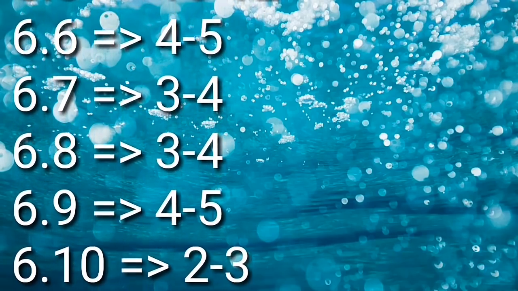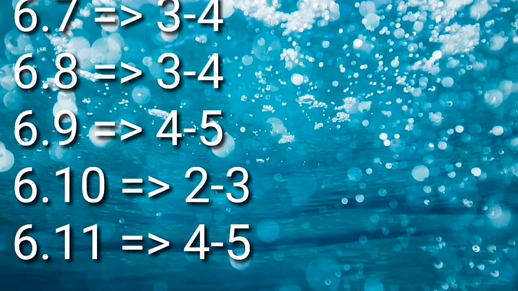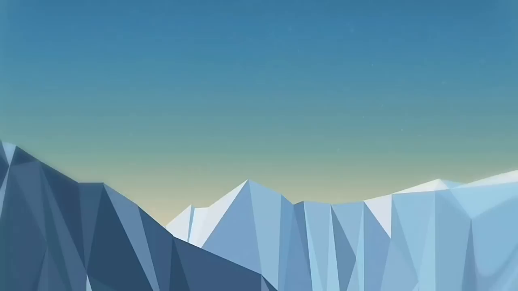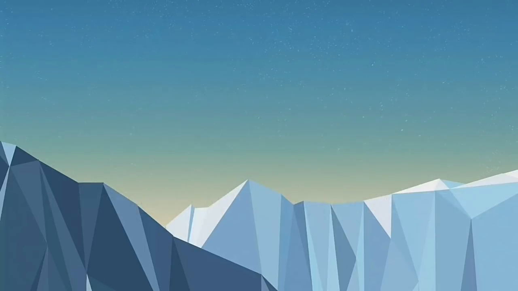The rest are all important to clear Module 6. So according to the marks distribution, we now know which topics are more important and critical to study. And also, we know that FAR 9A, the YASA textbook and CIP 1 are the core books. If you read them according to what I told you, you will have not only knowledge but also an understanding of each and everything.